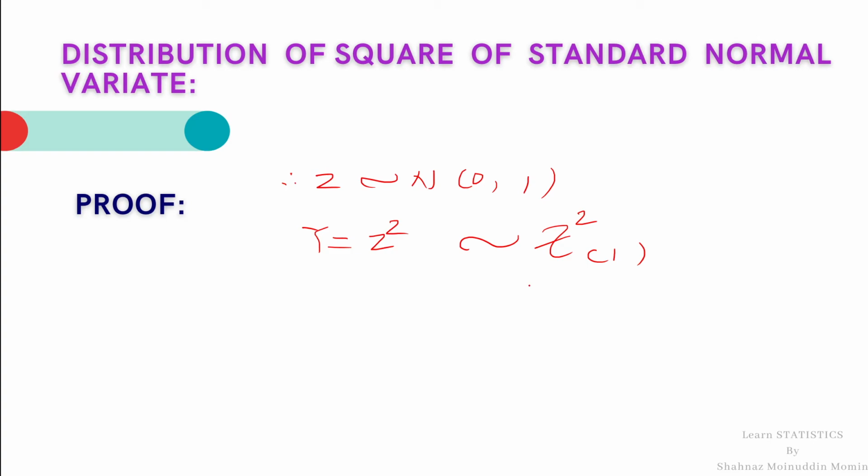In this lecture, we learned the distribution of z square, where z is a standard normal variate, and we come to the conclusion that the distribution of z square comes out to be a chi-square distribution with 1 degree of freedom. In this lecture, we complete the result of distribution of square of standard normal variate.